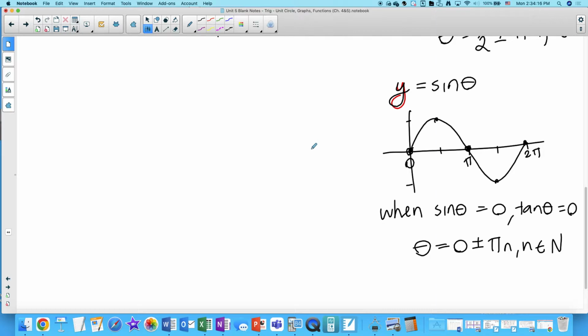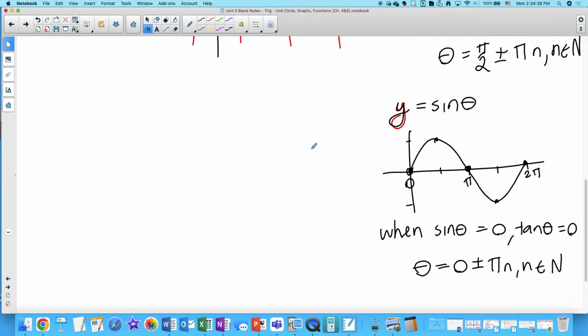Or sorry, not opposite, adjacent. Oh, sorry. The tangent is opposite over adjacent. So if opposite over adjacent equals 1, what do we know about the opposite and adjacent? Yeah, they're equal to one another, right? That happens in an isosceles right triangle. So that's another thing that I want to think about.